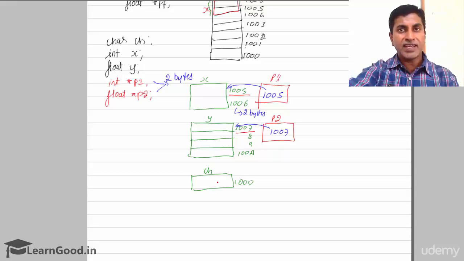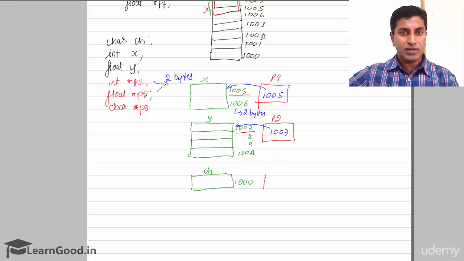Same way, if I declare a character pointer by giving here char asterisk of p3, in that case this p3 is going to occupy here 2 bytes. Why 2 bytes for p3? That's because it has to hold this 1000.